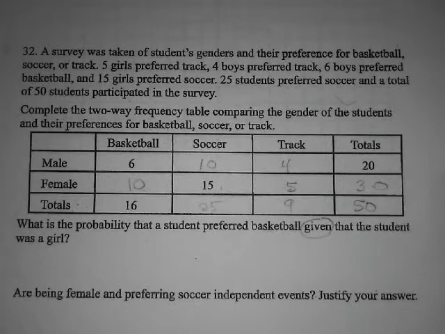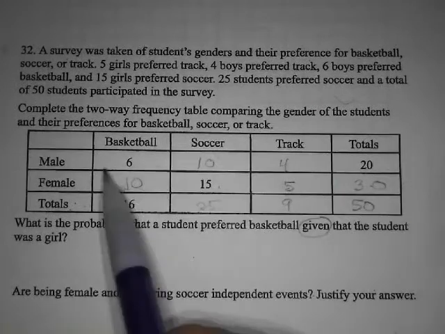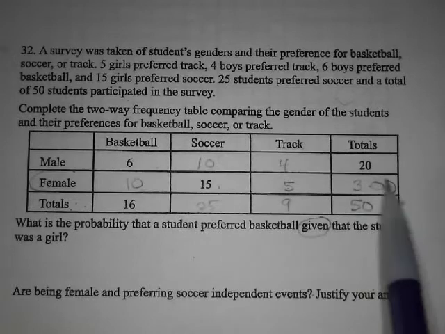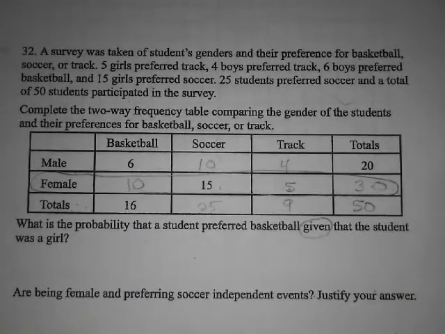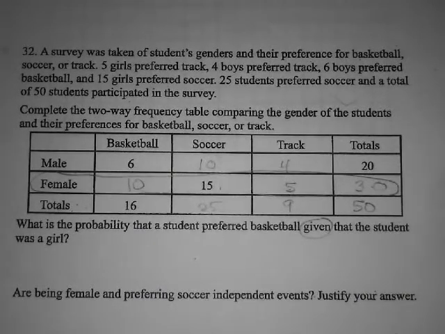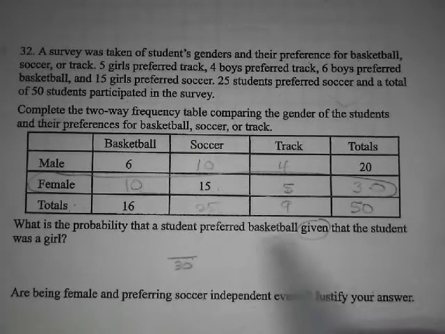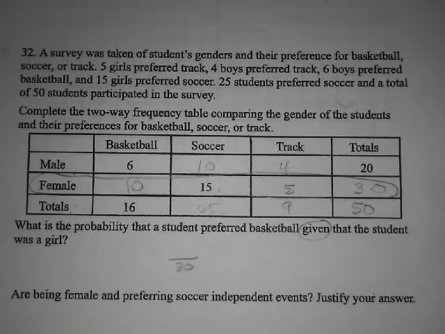Correct. Given that the student was a female, so we are only focusing on the female column. So out of those females, of which there are 30, out of those 30, what is the probability that it is someone who preferred basketball? And what would that number be, Riley?